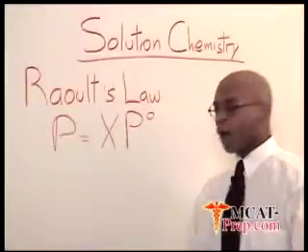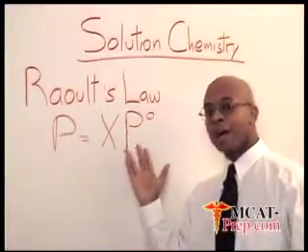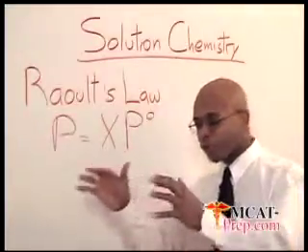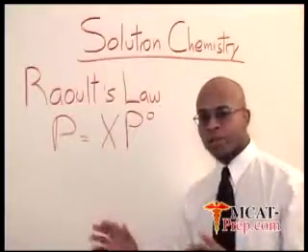So in other words, the highest number is going to be the vapor pressure of the solvent. So that was the pressure that was in the liquid before you added anything to it.